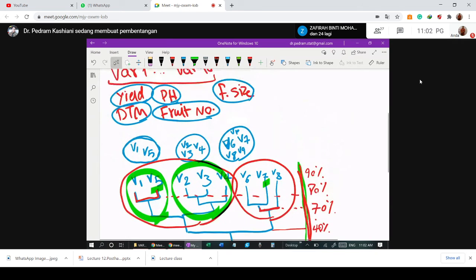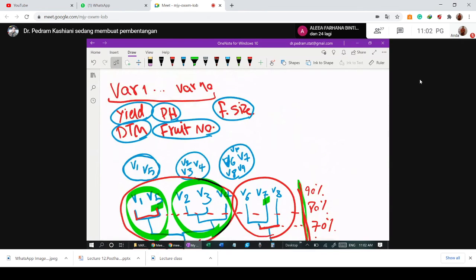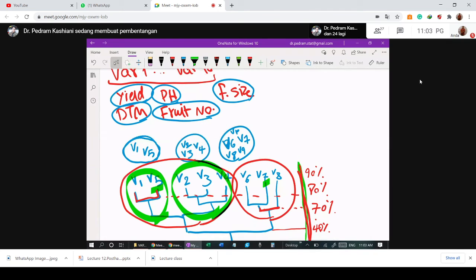So in cluster analysis, I have a group of samples or varieties or genotypes or students. You have a group of things. You measure some variables among them, and you want to group these samples, these varieties, these students, these animals, whatever, into distinct groups, so that the ones which are similar go to one group, and each group is different from the next group.